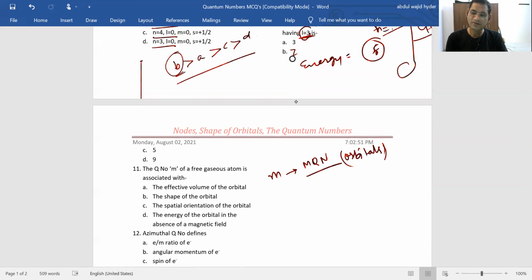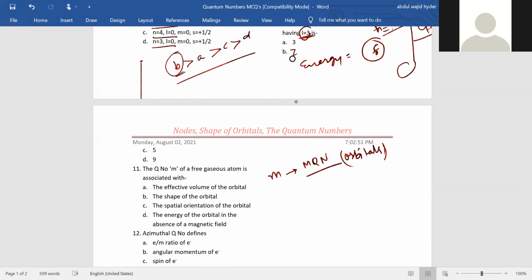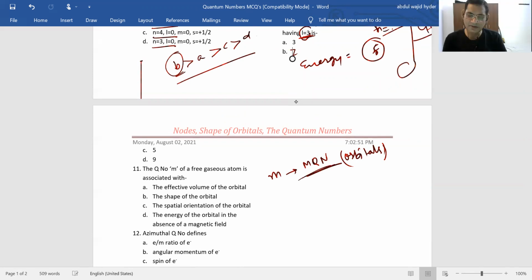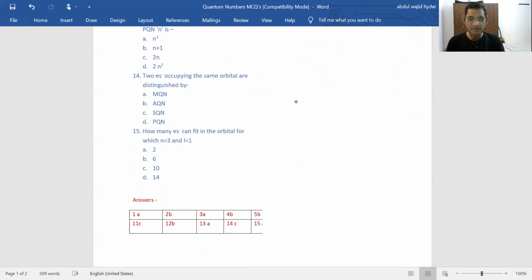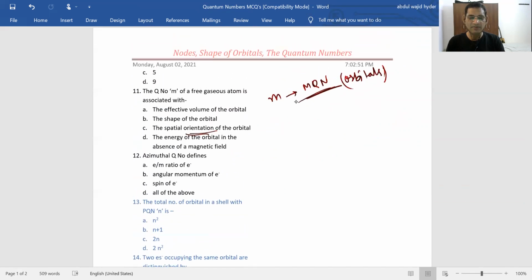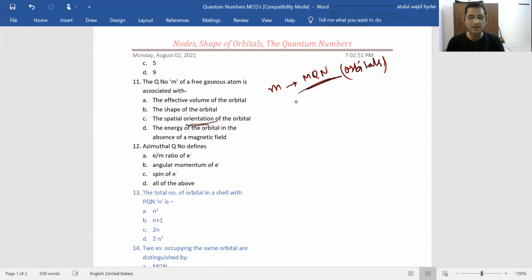This magnetic quantum number is related to the orientation of the orbital. Question number 11 is C, the spatial arrangement of the orbital.